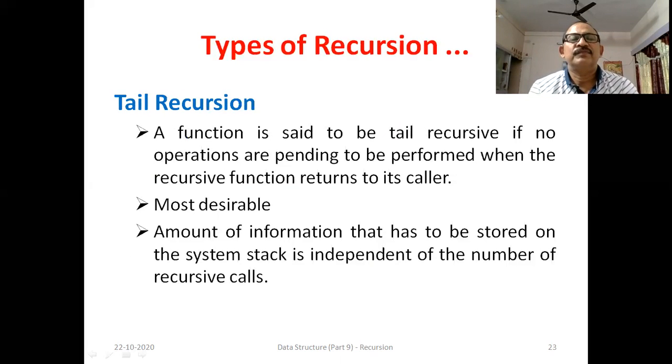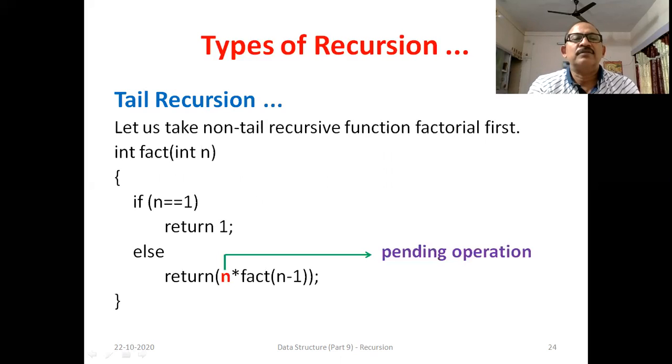Next, tail recursion. A function is said to be tail recursive if no operations are pending to be performed when the recursive function returns to its caller. Tail recursion is most desirable when we write a recursive function for a given problem, because the amount of information that has to be stored in the system state is independent of the number of recursive calls.